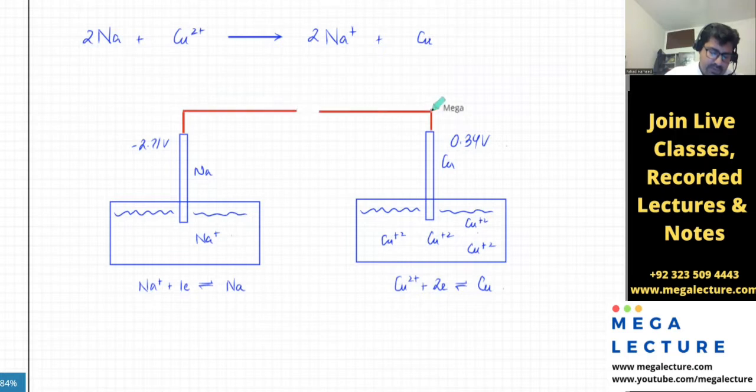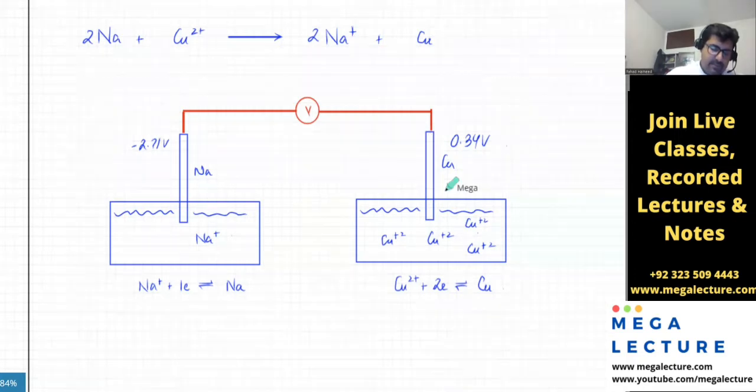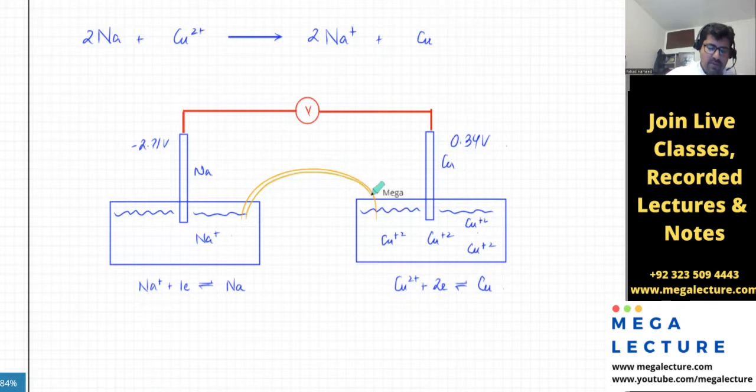And I'll also put a voltmeter in between. And I need a salt bridge, so let's put a salt bridge there.